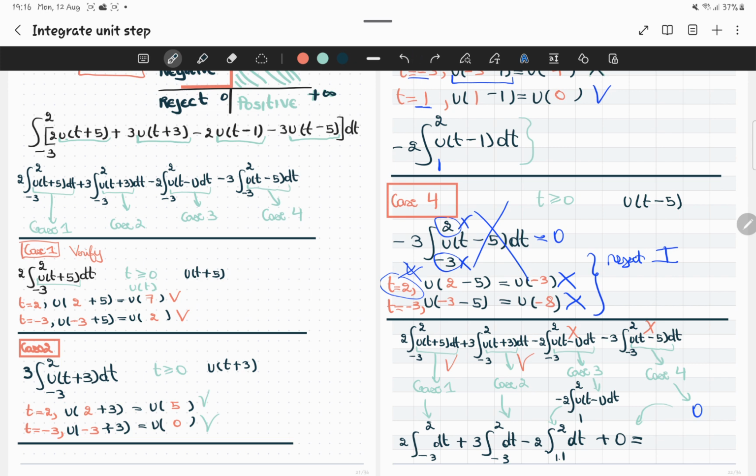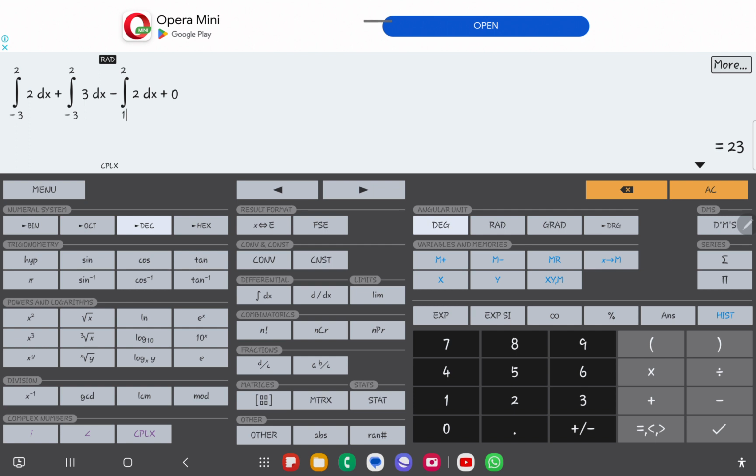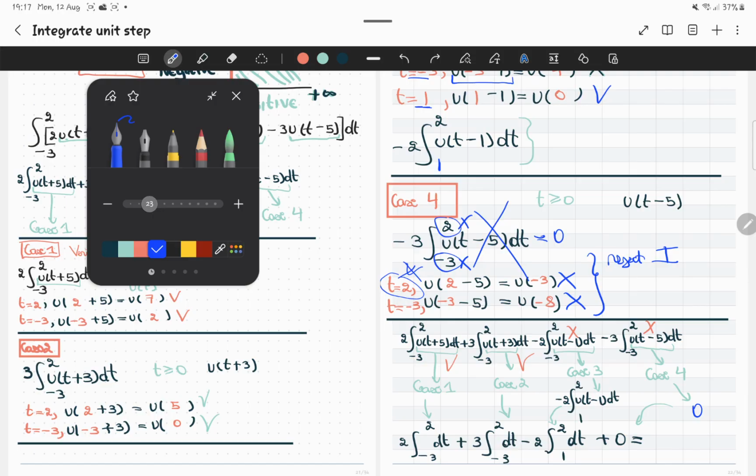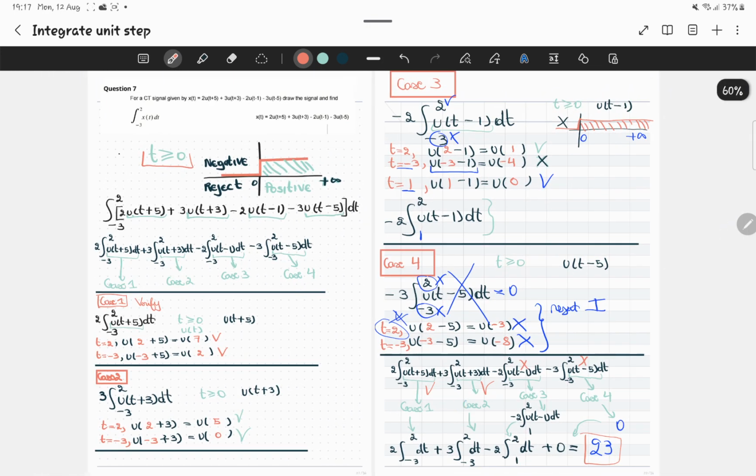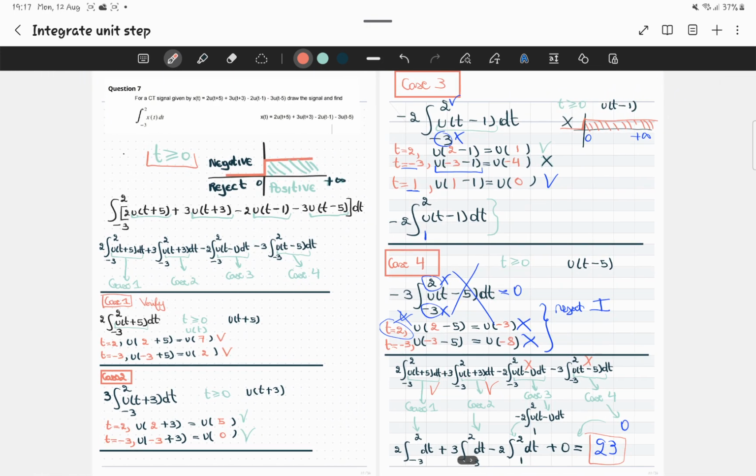If you run this, you're going to get the answer, and the answer is 23 for this question here, as you can see. Final answer is 23. There we go. This is what we have for this question here.